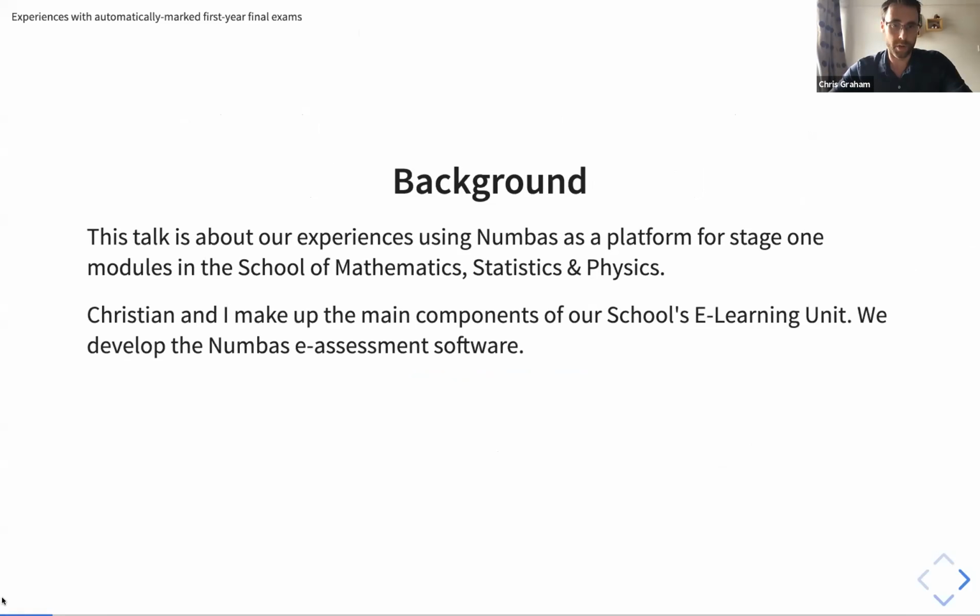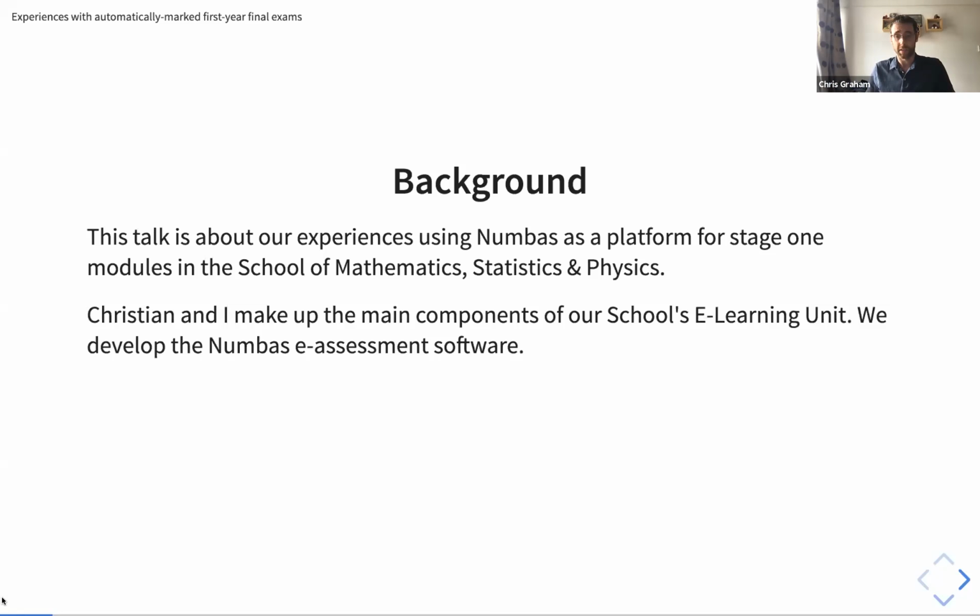So for those who don't know me, Christian and I make up the main components of our school's e-learning unit. That's the School of Maths, Stats and Physics, and we develop the Numbas e-assessment software.